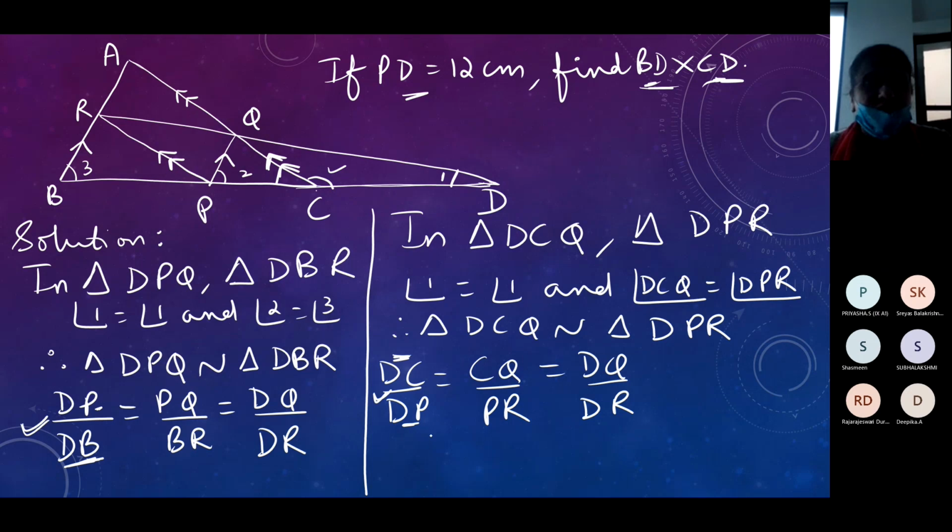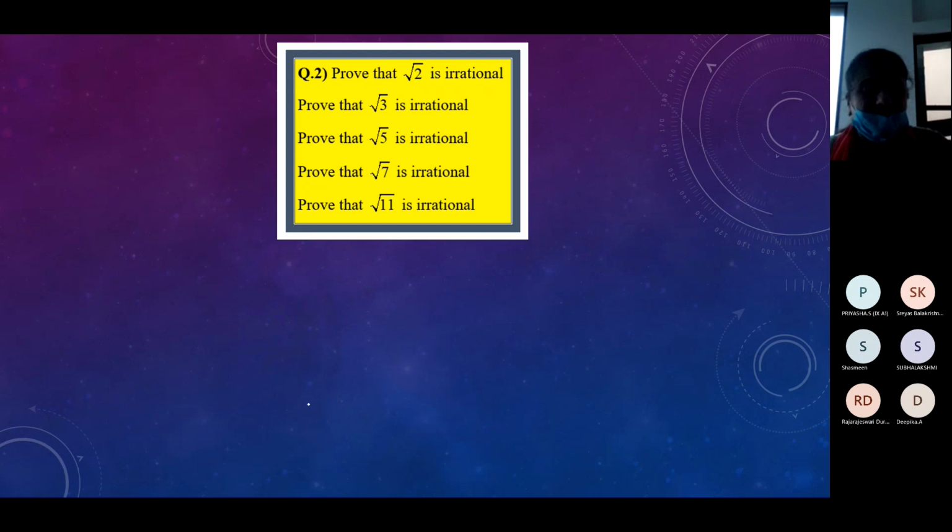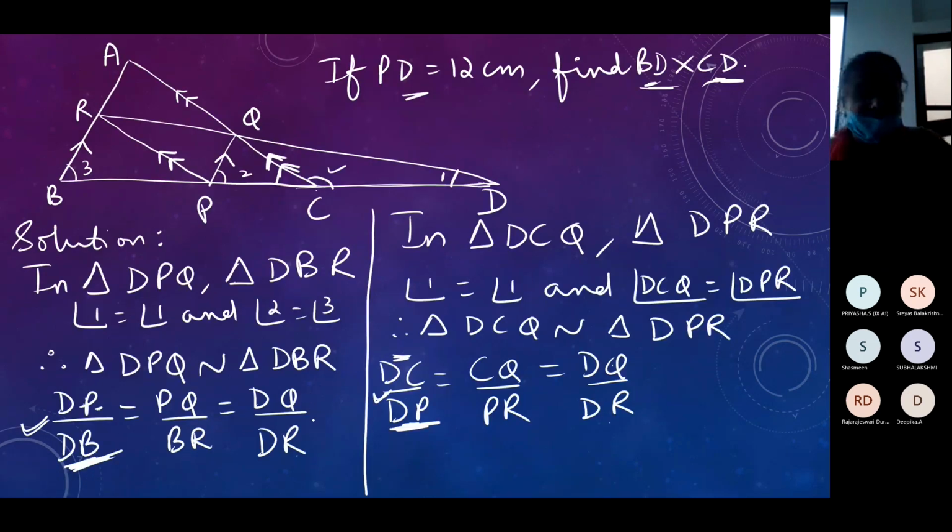So what do you feel now? Since you have DQ by DR in both, DP by DB is equal to DC by DP. The answer lies with this ratio and this ratio. Now we have to say that these two ratios are equal, because there is DQ by DR here, and there is DQ by DR here also.